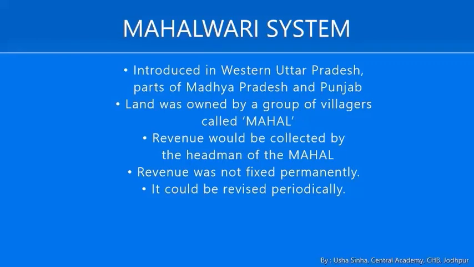The headman of that Mahal was responsible for the payment of the revenue to the company. Also, the revenue demand was not fixed permanently. It could be revised periodically. Here lies the difference between Mahalwari system and the permanent settlement.